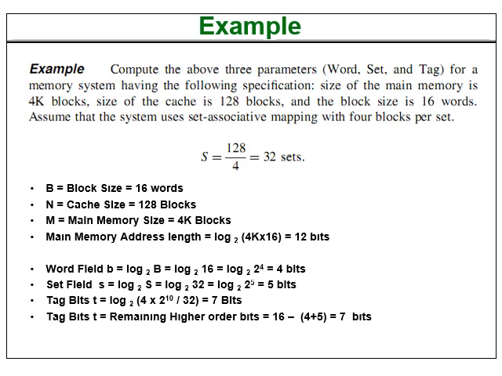Please remember, sets are only made in the cache memory and not in the main memory. Now, how many sets will be there in the cache memory? The cache memory has 128 blocks. One set is made up of 4 blocks. So there are a total of 32 sets. You can easily calculate the size of the word field, the set field, and the number of bits in the tag field.